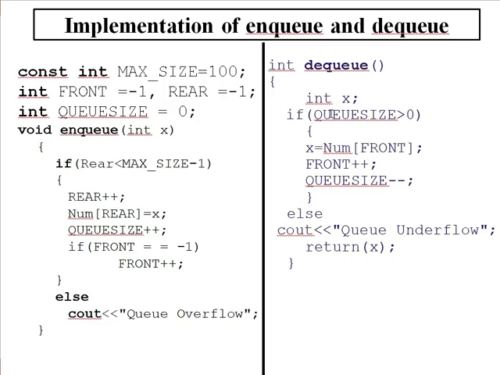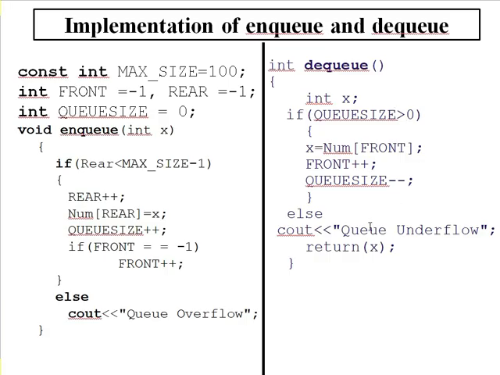To do that, we should check the queue size, if it is greater than 0 or not. If it is greater than 0, that means there is an element that can be removed. So assigning the element that is pointed by the front variable to x, then incrementing the front, then the queue size is reduced. So here, in the case of dequeue, the queue size is decremented. In the case of enqueue, the queue size is incremented.